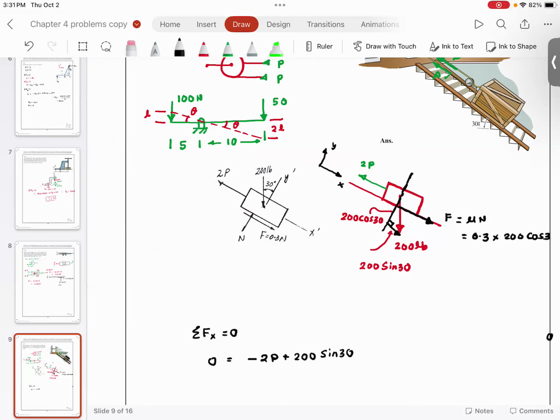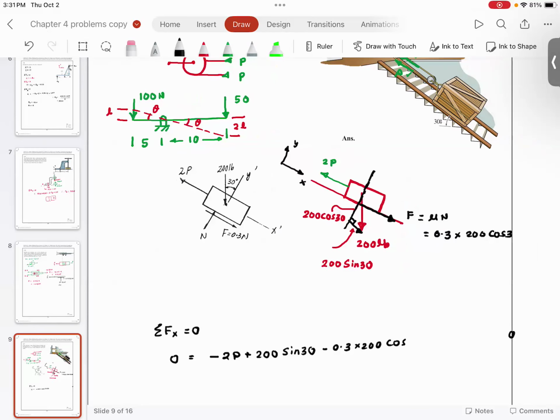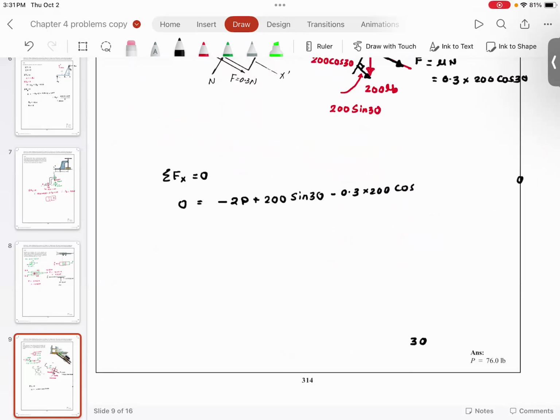And then you have the coefficient of friction multiplied by the normal reaction, that is again going down, cosine. So you solve this and then find out the value of P.